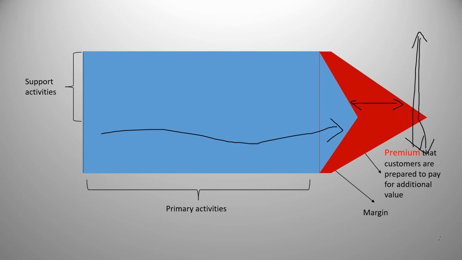The value chain also highlights the problem with a stuck-in-the-middle strategy. This is where a company simultaneously tries to do things differently, which then costs more money. If you do things differently, it would cost more money. But the customers are only prepared to pay a specific price for the product.